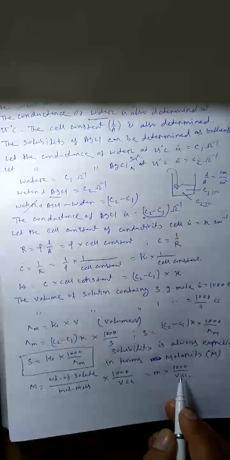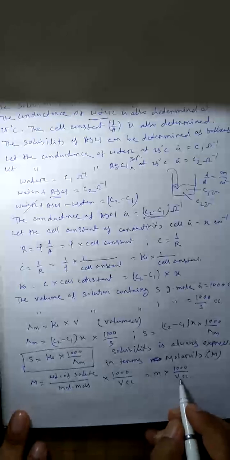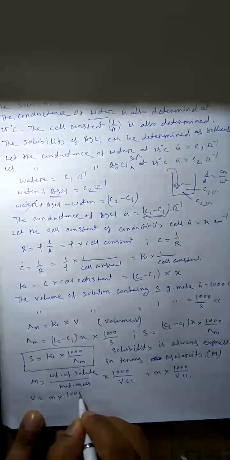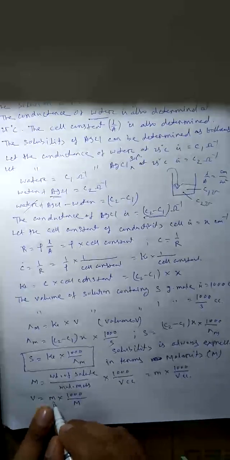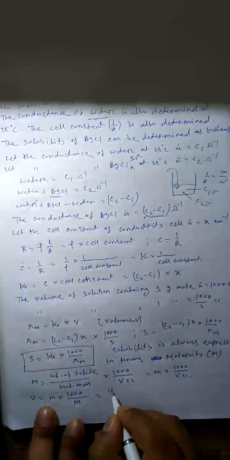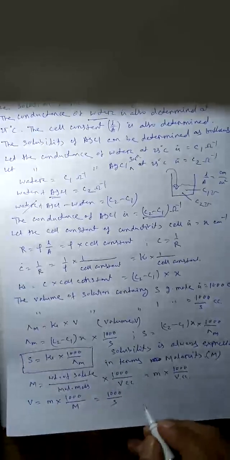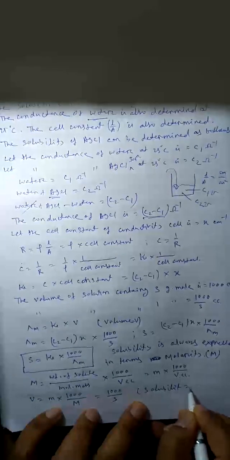Volume is equal to number of moles of the solute into 1000 by molarity, which becomes 1000 by S, where S means solubility.